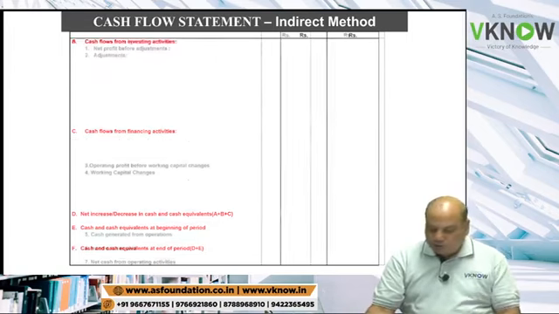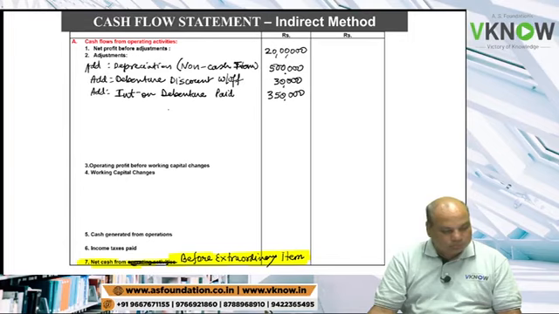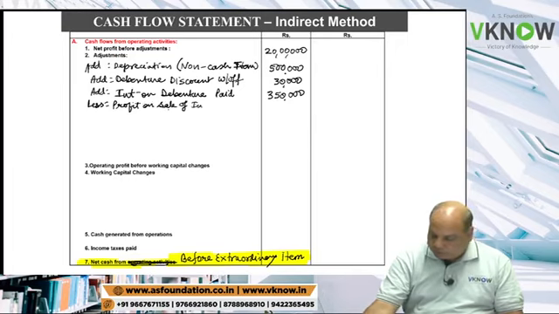Next item is book value of investment 3 lakhs sold for 3,20,000. So there is a profit. So the profit you write down: less profit on sale of investment.